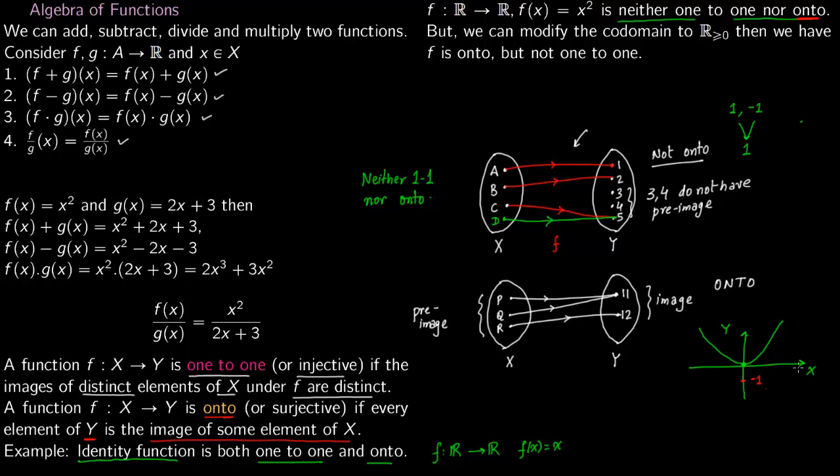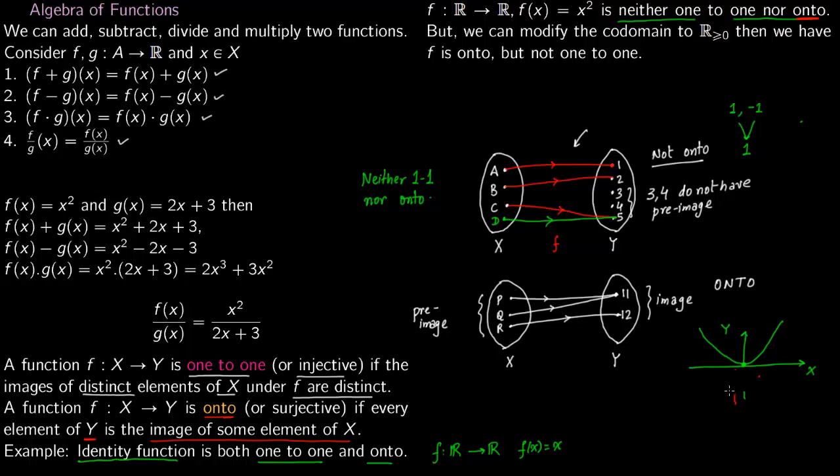Now we can modify this to make it at least onto. So you have all these extra elements here in the negative y-axis which do not have pre-images. So we just modify this function and say that this codomain is restricted to only positive real axis. So we do not consider this.